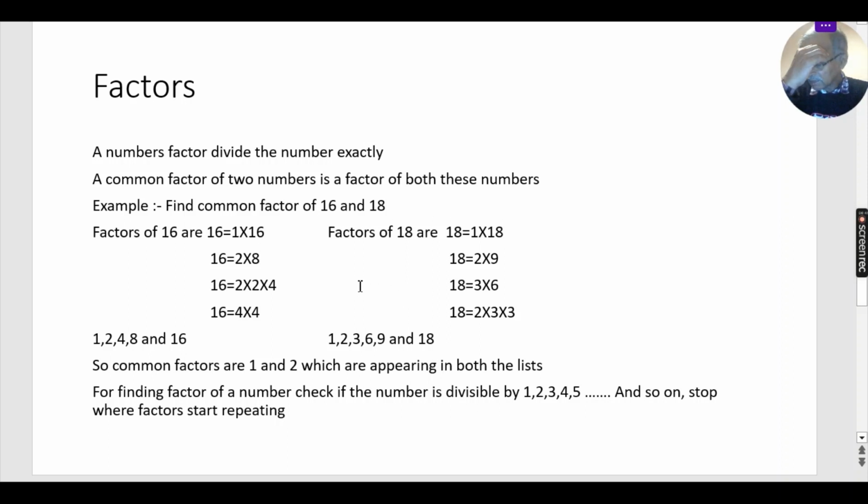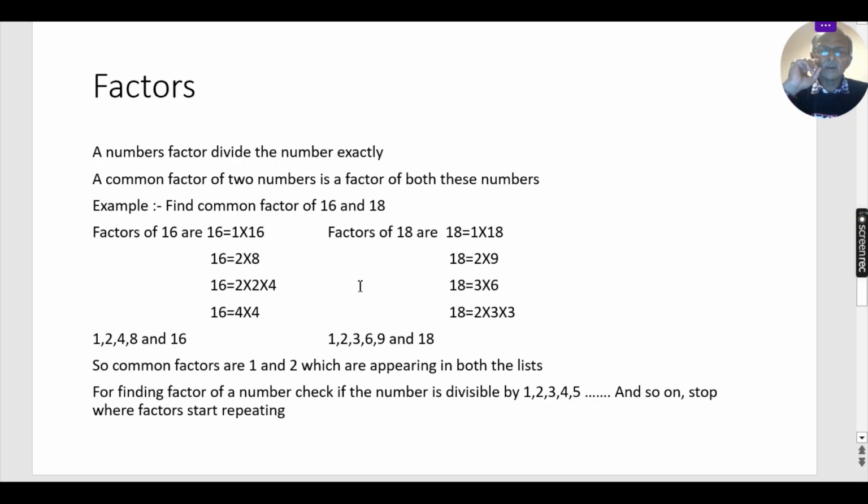For checking this common number or common factor, what we do is we go on dividing the number by, say, 1, 2, 3, 4, 5, 6, 7, 8, whatever it can be divided by. And as soon as these factors or numbers start repeating themselves, we stop there.